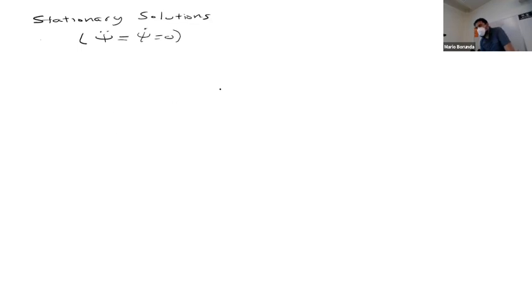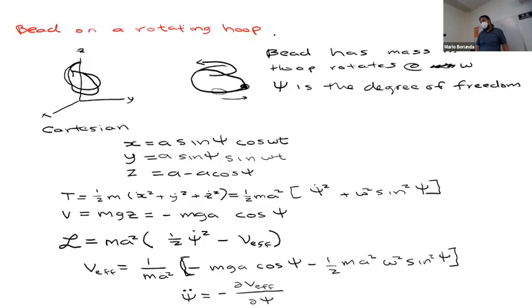So what we're solving for is basically when the derivative of the effective potential with respect to psi equals 0. So we can go back at it. This is the effective potential. You just have to solve for when it's 0. You do the math and you can solve it, right?